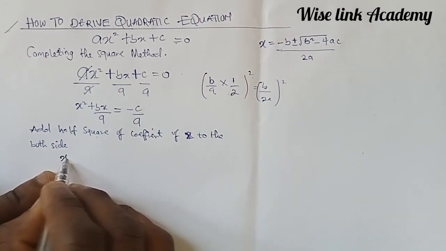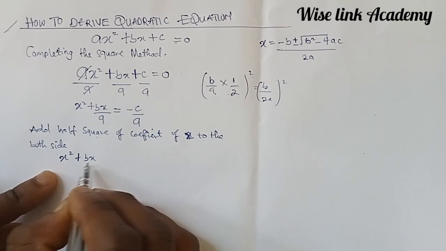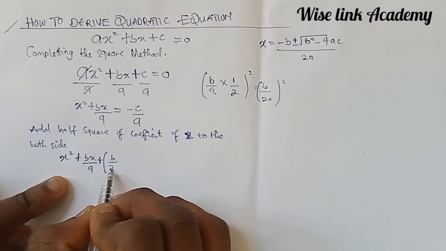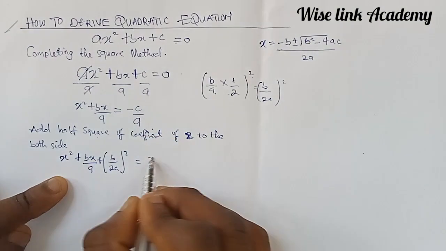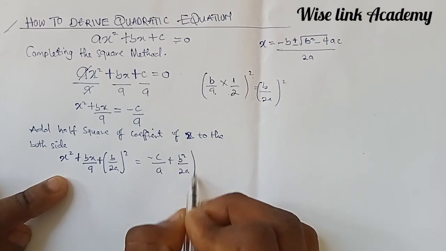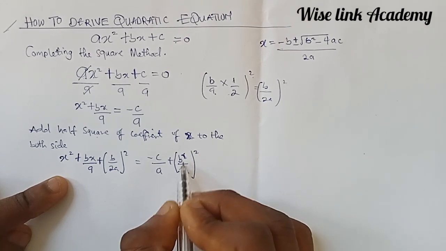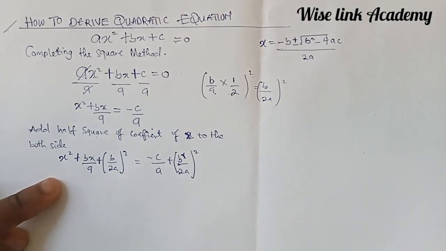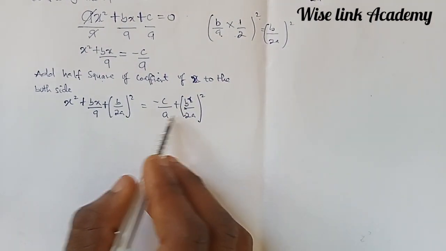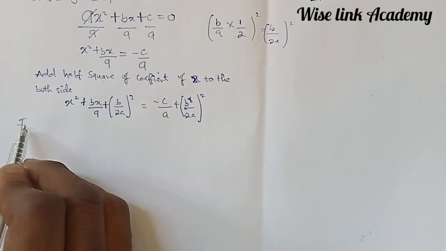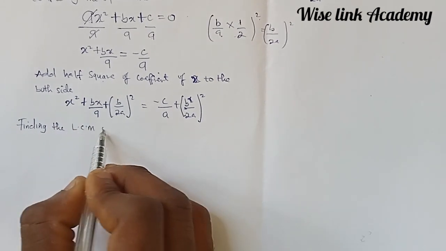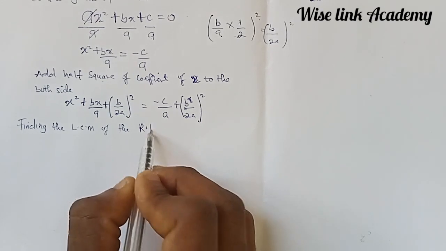Doing that, I'll have x squared plus bx over a plus b over 2a squared equals minus c over a plus b over 2a squared. The next thing to do is to find the LCM of the right hand side.